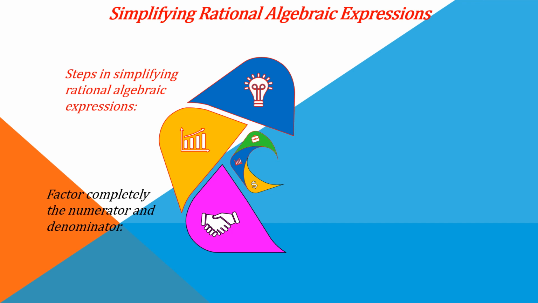But please bear in mind that when we are factoring the numerator and denominator, make sure that there will be a common factor in the numerator and denominator so that we can cancel the common factor.